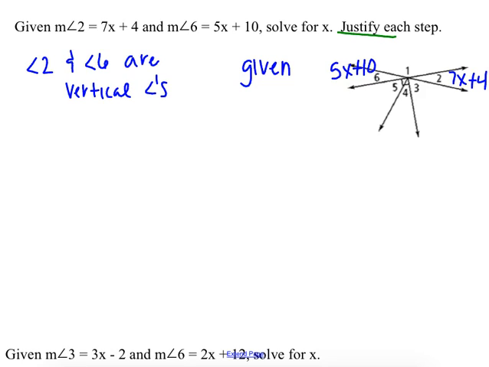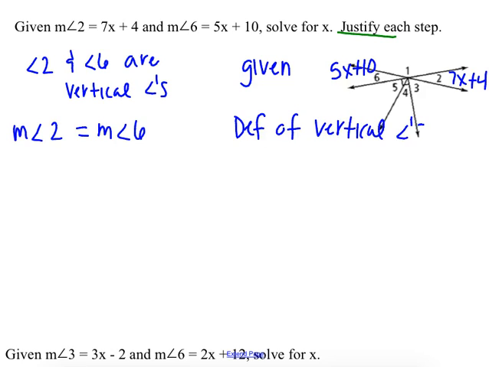And now, since I know angle 2 and angle 6 are vertical angles, I know that the measure of angle 2 is equal to the measure of angle 6, because that's the definition of vertical angles. Remember, they're congruent. Now, do I know what the measure of angle 2 is? Well, sure I do. It's 7x plus 4. And the measure of angle 6 is 5x plus 10. That's just substitution.